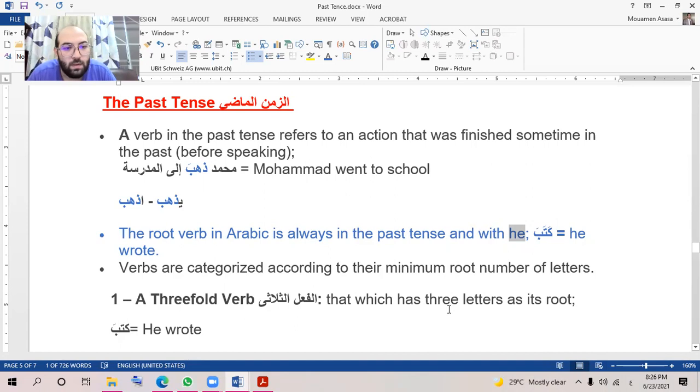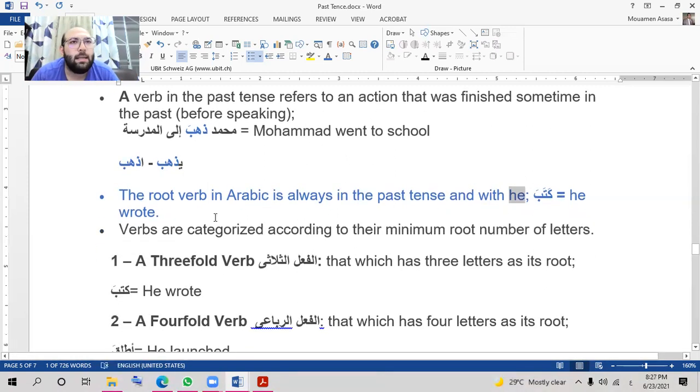What's the meaning of root? The root is the base, the simplest structure of the verb. So always when I ask you, or if you want to know what the root of the verb is, you go back to the past tense in terms of he.